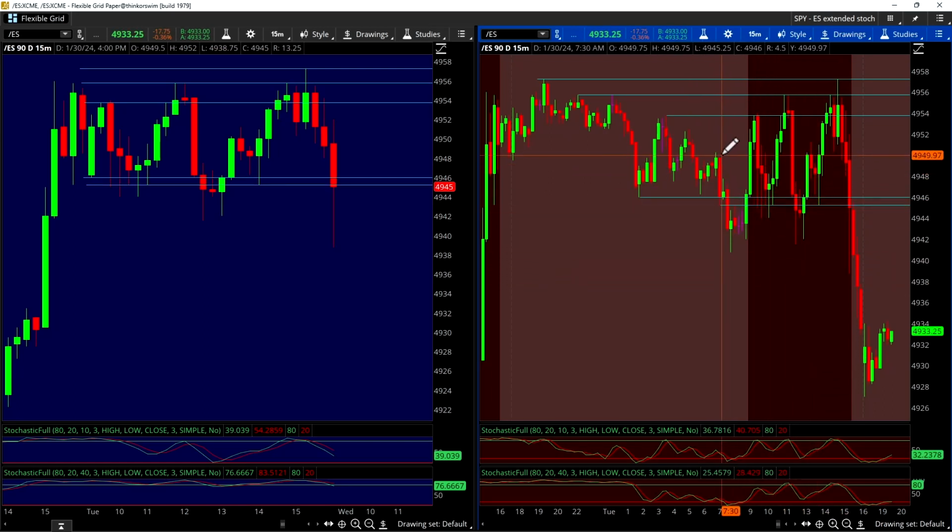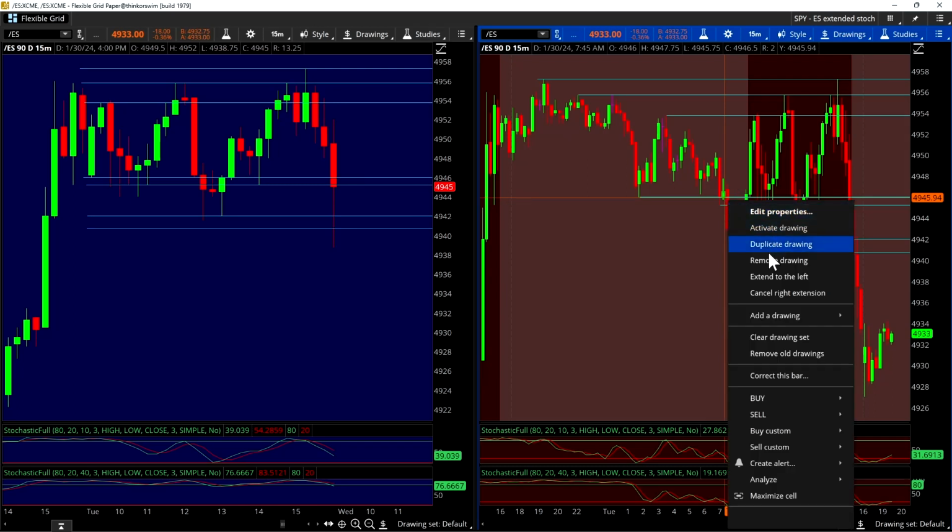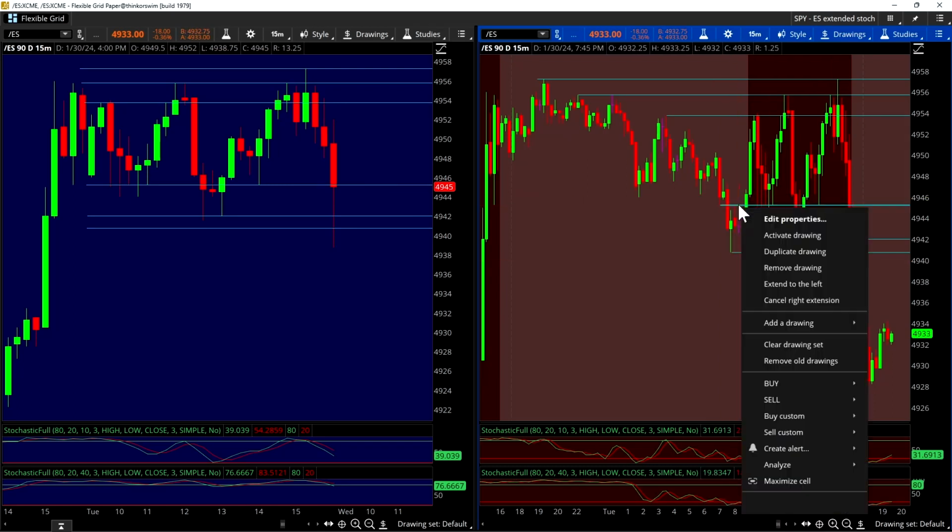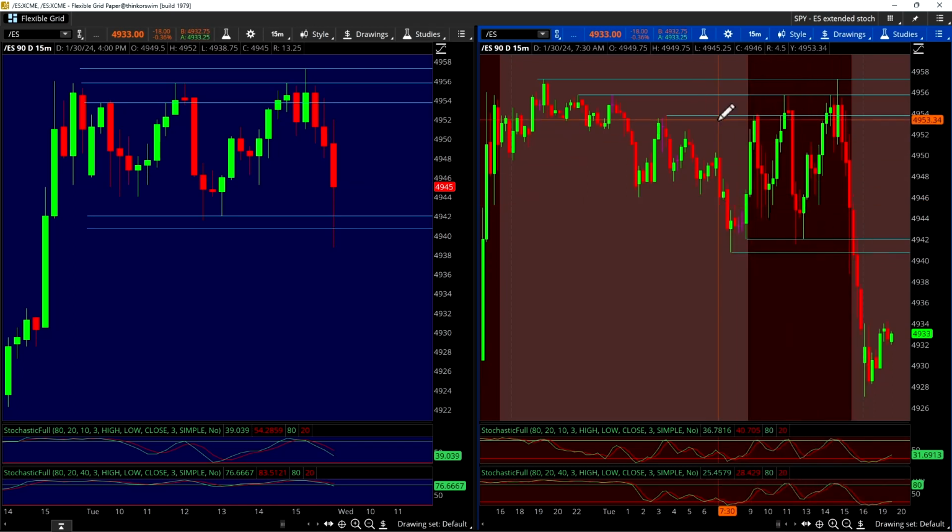You don't want to draw every line on every lower low or higher high, you know what I mean? But you sort of got to get near the top here and near the bottom. So what do we have at the bottom here? Well, this one would have been good with this one. That's it. Even if we forgot about those, remove that, remove that. So we have our top ones here.